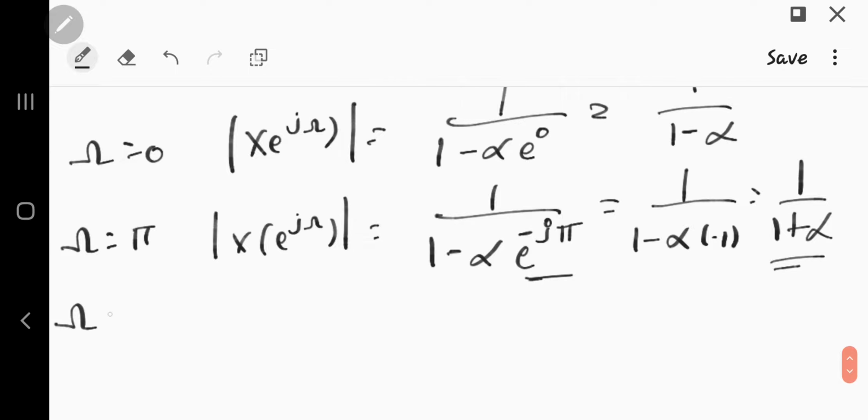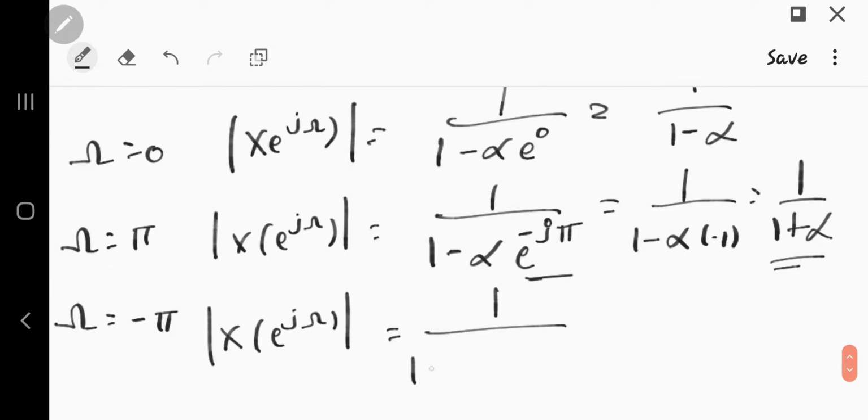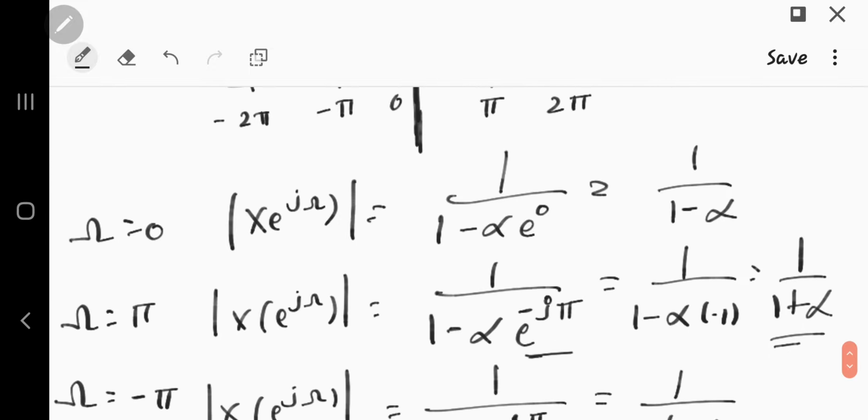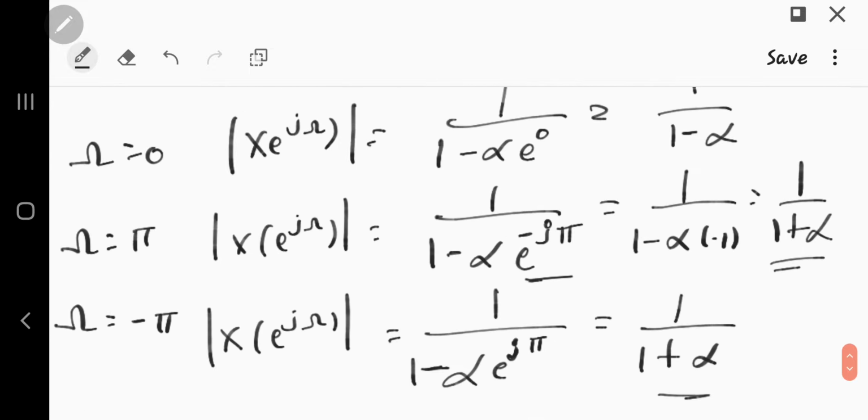If you substitute omega equal to minus pi, X of e power j omega is equal to 1 divided by 1 minus alpha e to the power of j pi. Again you will end up with 1 by 1 plus alpha. That means the amplitude is mainly dependent on what alpha takes.